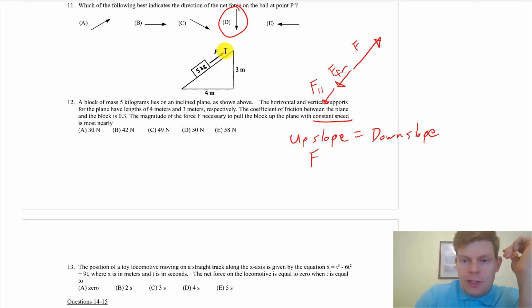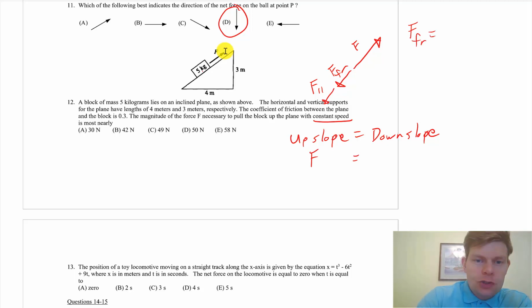Upslope we got F, downslope we got the force of friction. Remember, we draw our little triangle. This angle is the same as that angle. This is our perpendicular component, which is equal and opposite to the normal force.